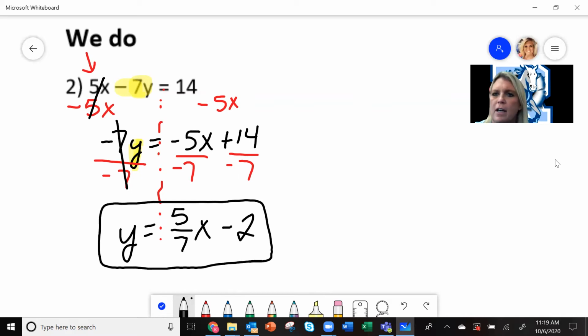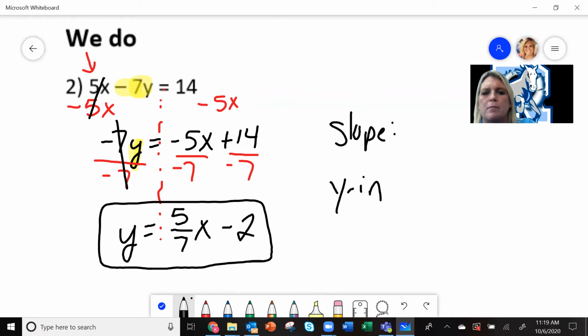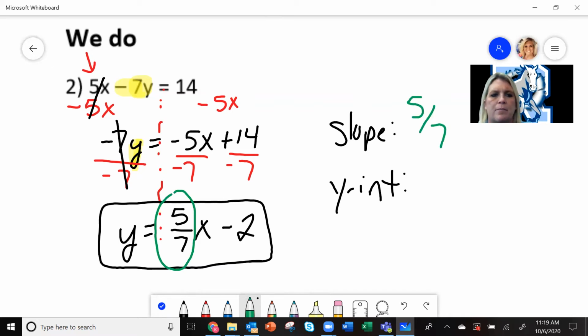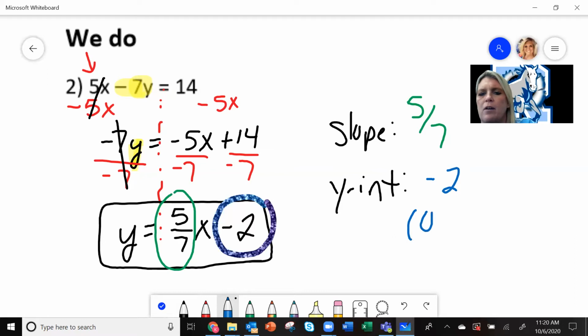If you didn't already identify it, what is the slope? And what is the y-intercept? The slope is the number that's attached to the x in the front, so that is 5/7. The y-intercept is what's being added or subtracted here at the end, which is negative 2, but we need to write it as an ordered pair as 0, negative 2.